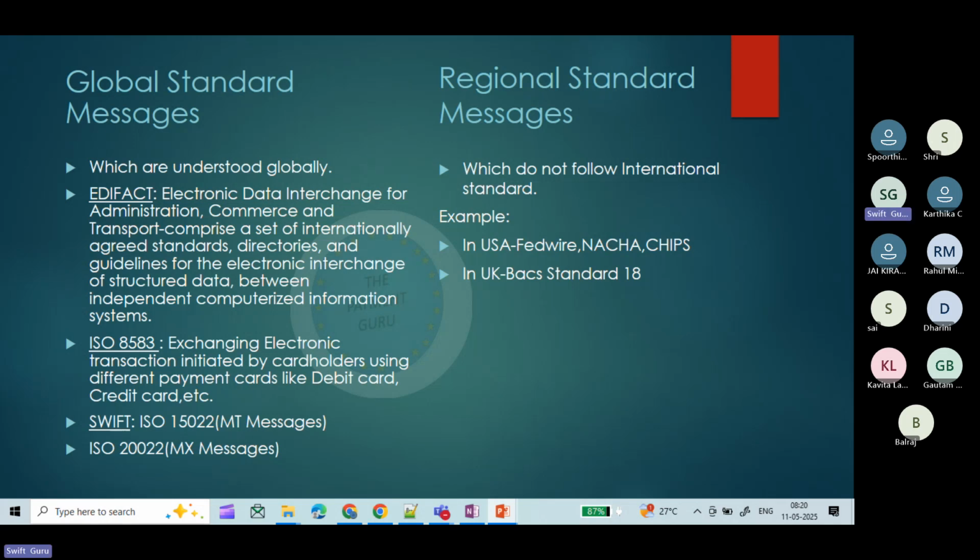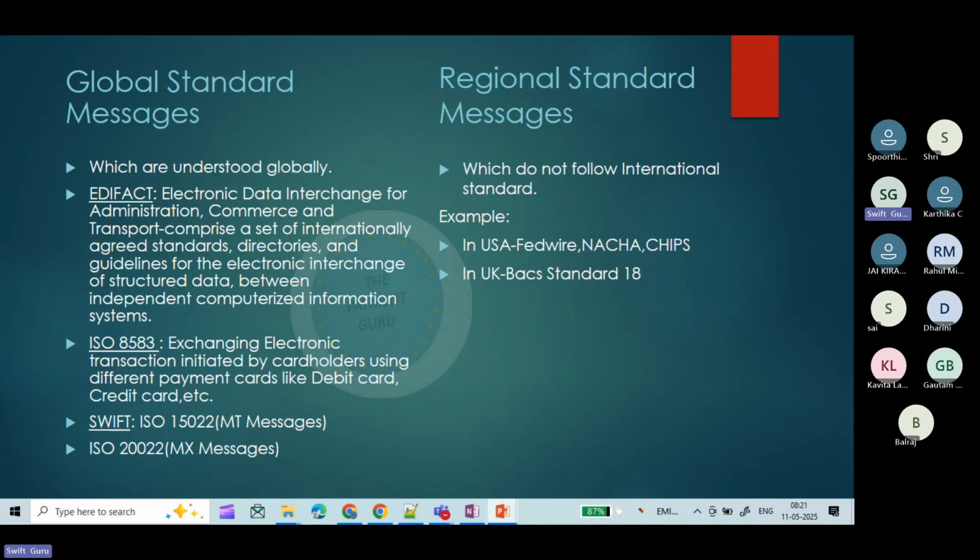The regional standard messages, if you have to understand this, are messages which do not follow any sort of international standard and are limited only to specific countries, or only one country, or only parts of a country. That is also possible. An example in the United States is Fedwire.